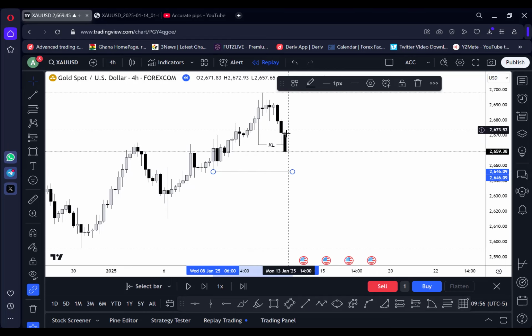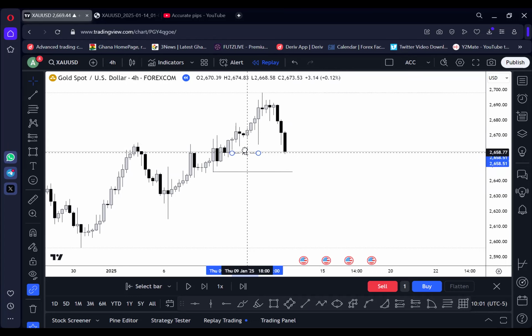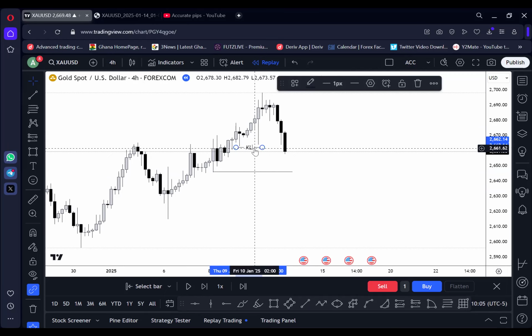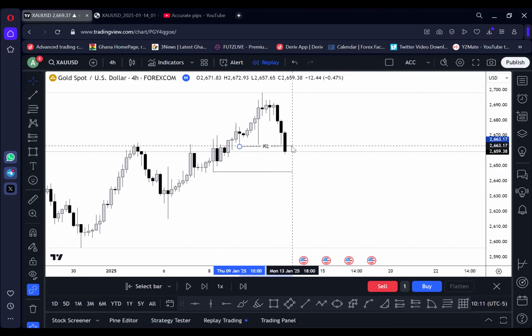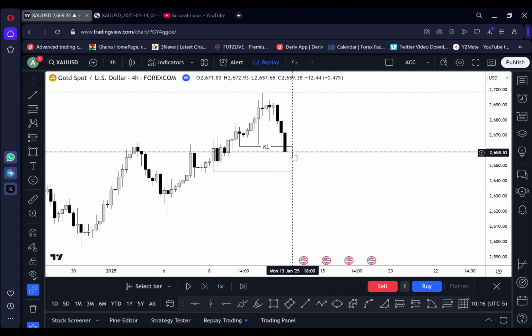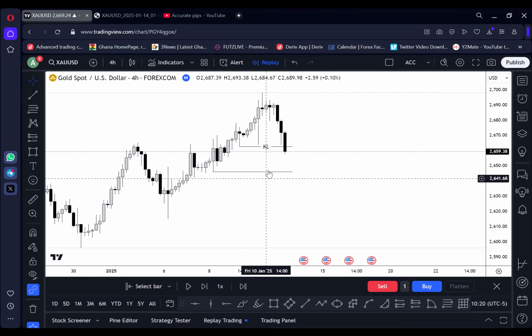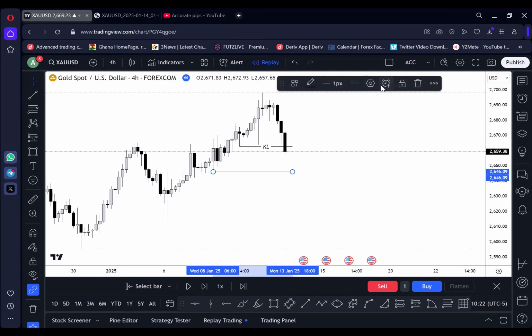It's also a valid pullback, but because it's close to this one, you use this guy alone, so that your chart will not be too clumsy. You can use just this guy or this guy. The one you like, you use it.